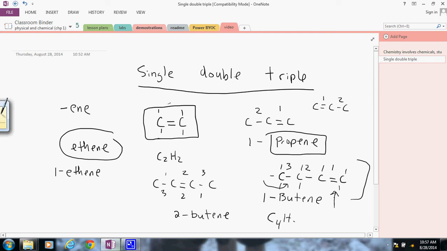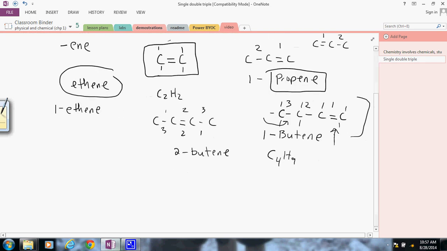You could also write this. I'm going to give myself a little more room. Another way, a common way to write this would be like this. CH3, CH2, CH, and then CH2.